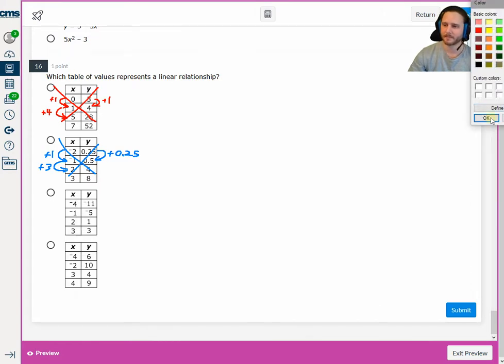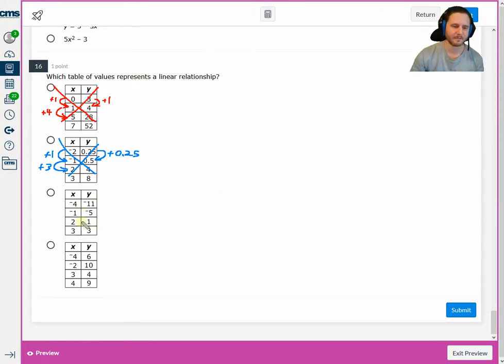Next up, we have this one. Now this one, it looks like it's counting a little odd as well, but let's check. We've got -4 to -1. Well, that's an increase of 3. So this side increased by 3. On this side, we go from -11 to -5.